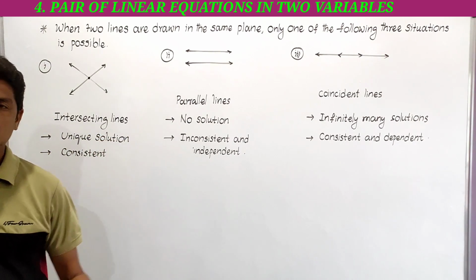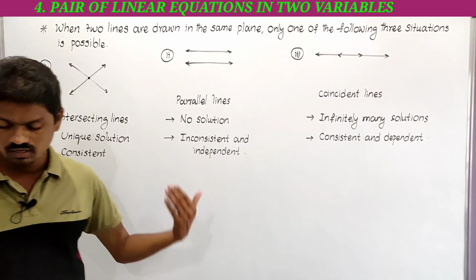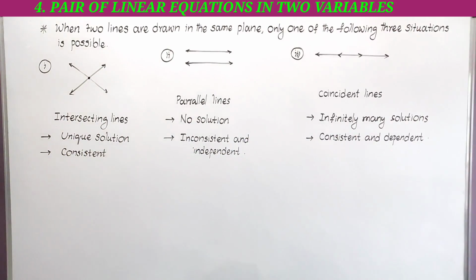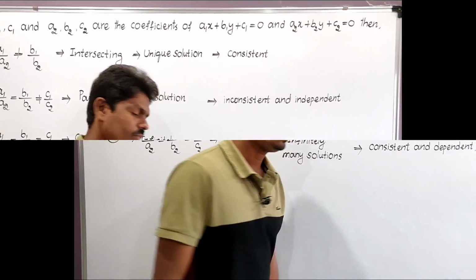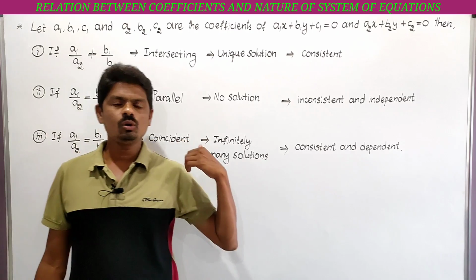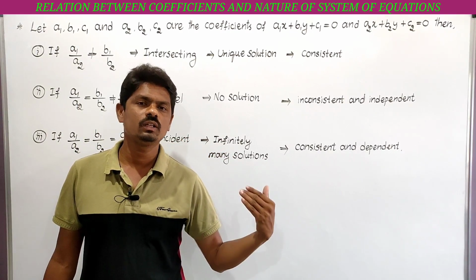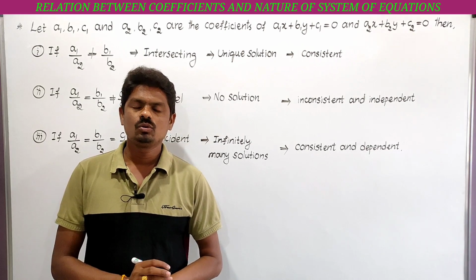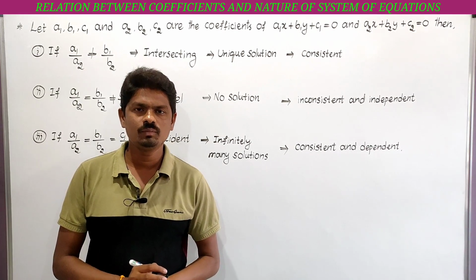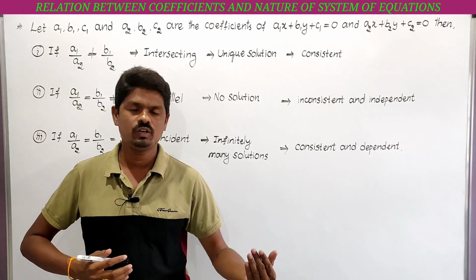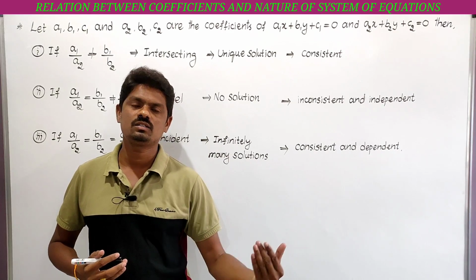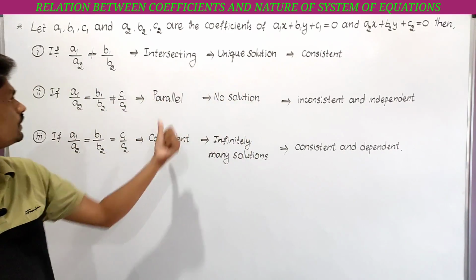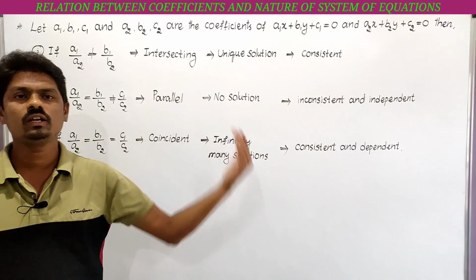See here how we can decide based upon the coefficients of the variables. So now we have to learn about the relation between the coefficients and the nature of system of equations. So how can we decide whether the given pair of linear equations in two variables are consistent or inconsistent? Based upon the table what I have written, we can decide.